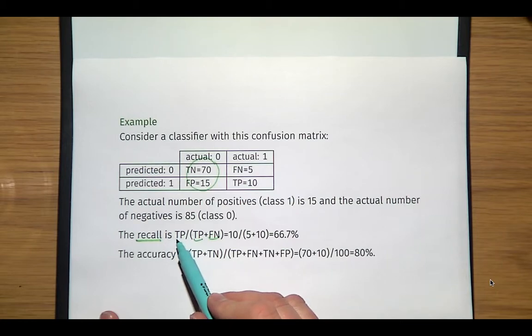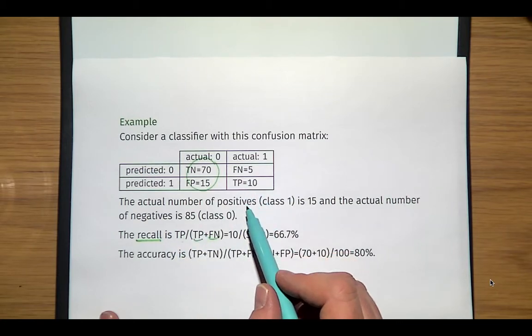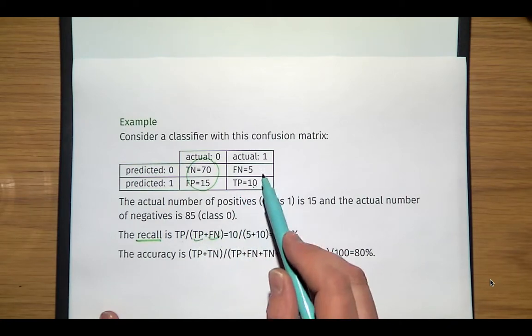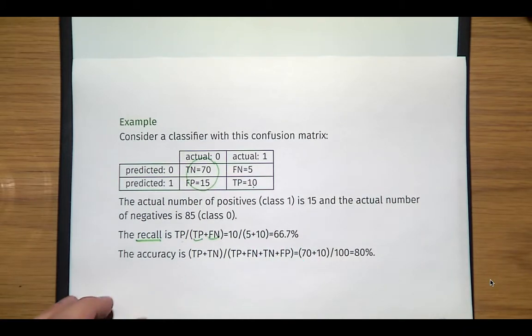So true positive is 10, and false negative is 5. Okay, so you have something like 67% recall. Okay, so remember, it means you will flag correctly 67% of the positives as indeed being positive. Okay, so if you look at all the class 1, you will label 67% of that class correctly, right?